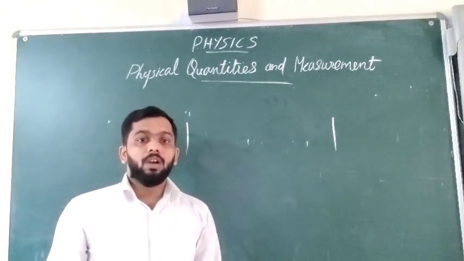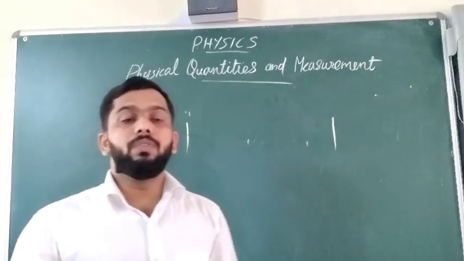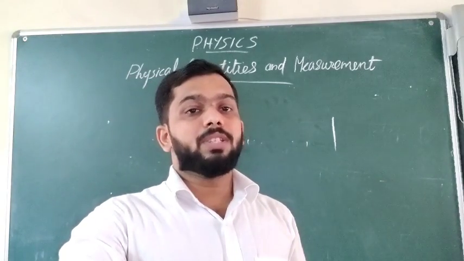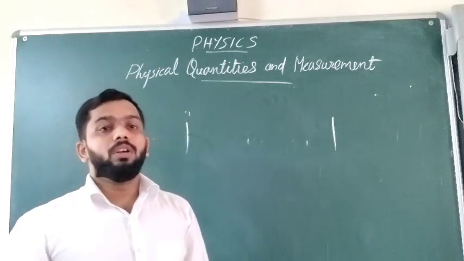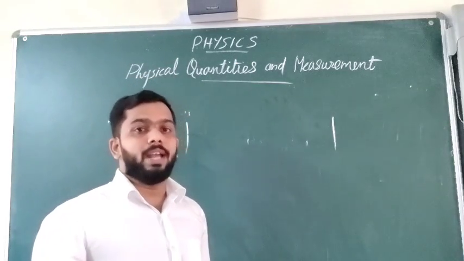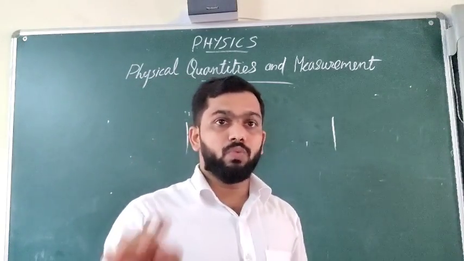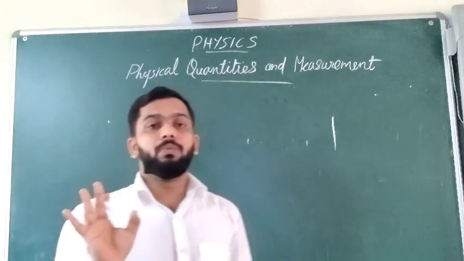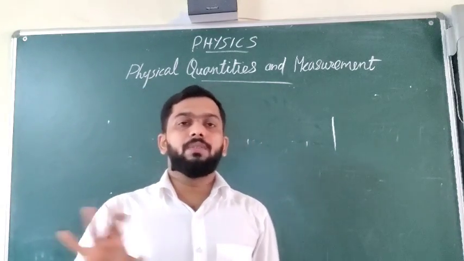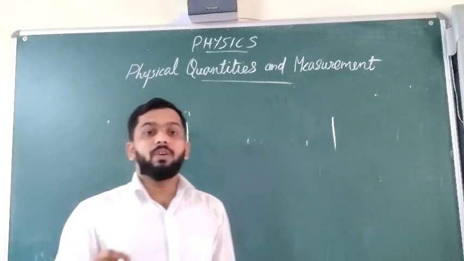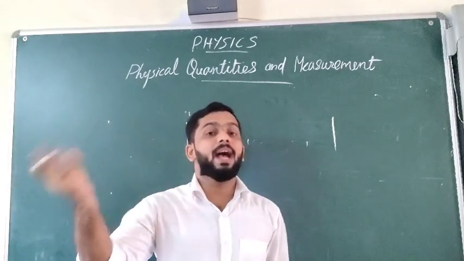Science means we need... why are we standardizing values? Actually we are standardizing the units because we need an accurate value. For example, when we are measuring in science, whatever phenomenon is happening, we are not just assuming that it may happen.